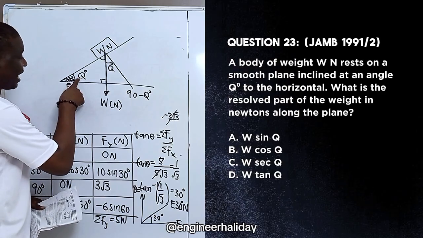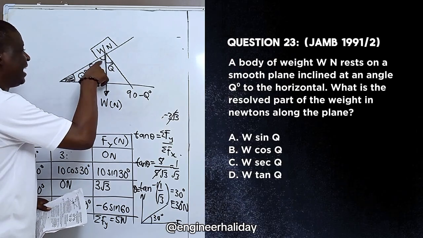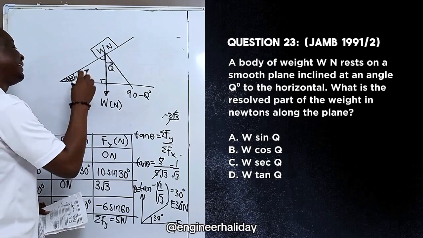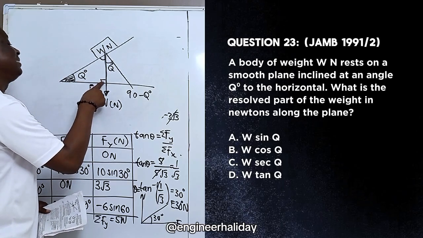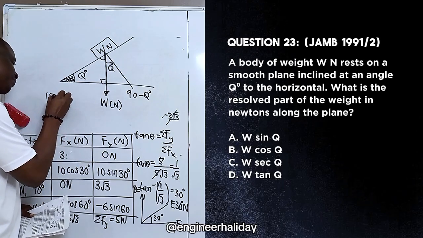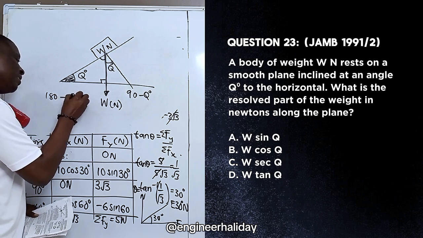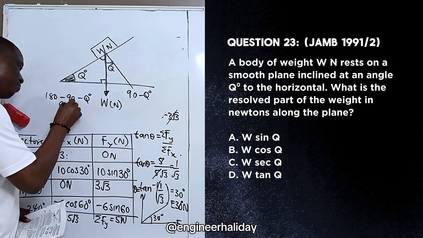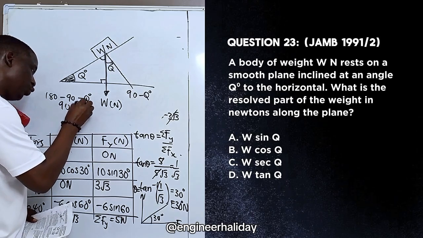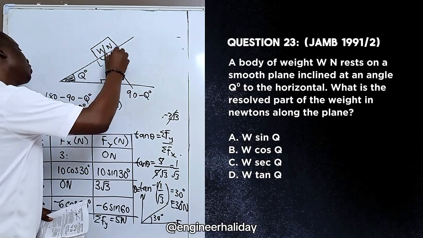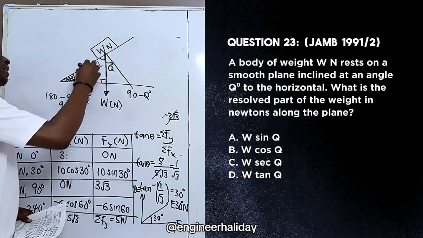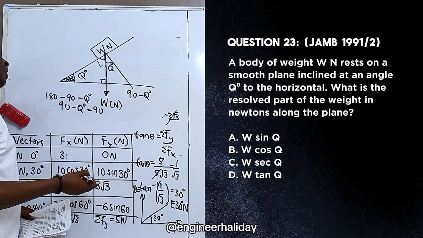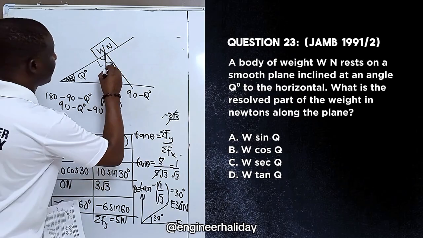So this is 90, this is 90, everything here is 180. So if you remove 90 and remove Q degrees from 180, you are going to have 90 minus Q degrees. And everything here is also 90.